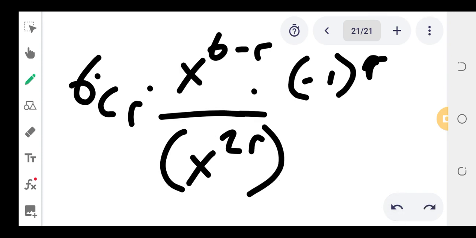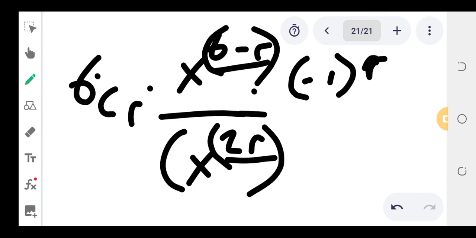So in this case, we are going to take advantage of these powers, since for us to cancel this, the powers must be equal, or when we use the rules of indices of subtracting the powers for indices having the same base, it's one and the same thing.